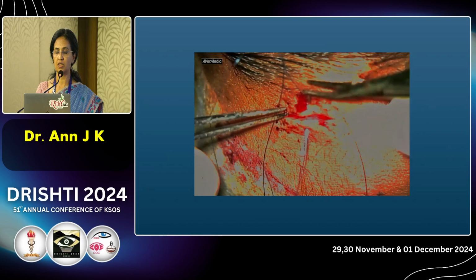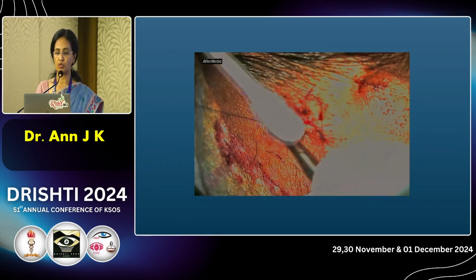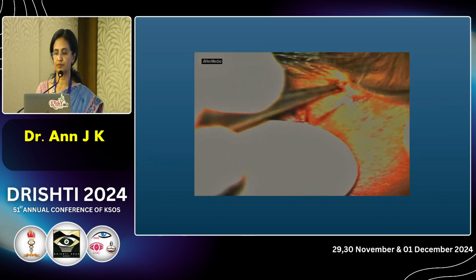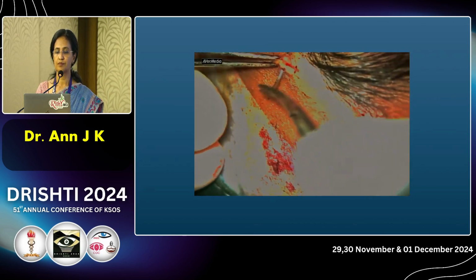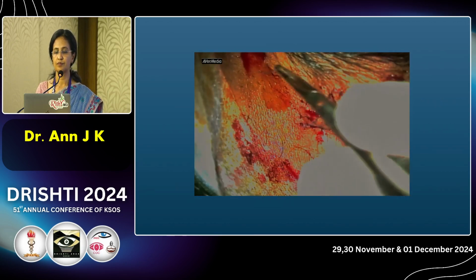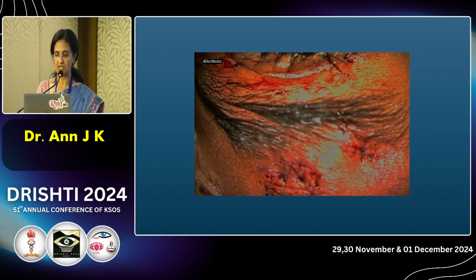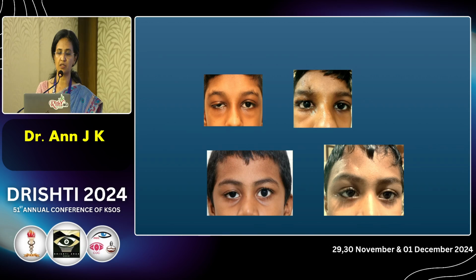We are putting three horizontal mattress sutures. So while removing, we know that three sutures have to be taken out. The eye is covered with a shield. A lot of ointment we put, and the shield is put over that.